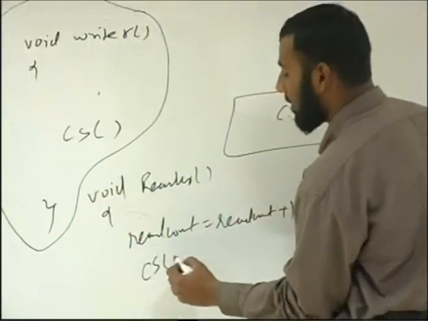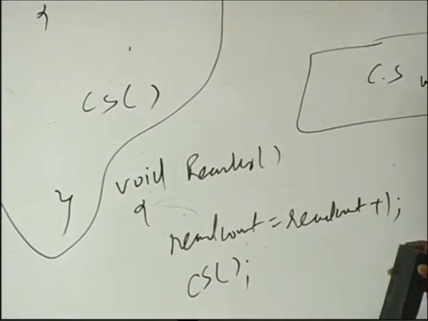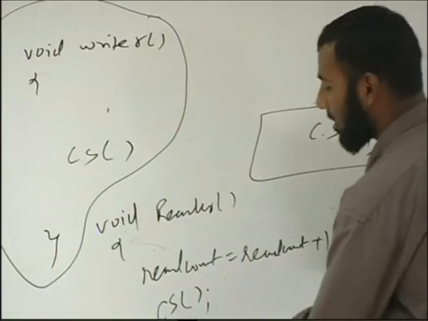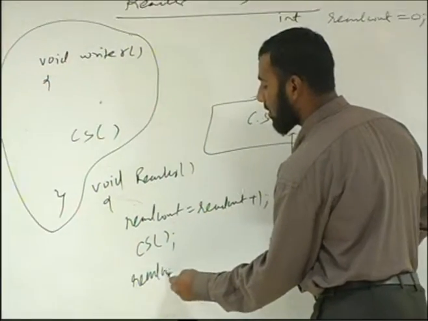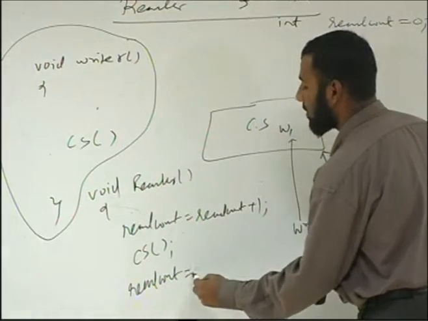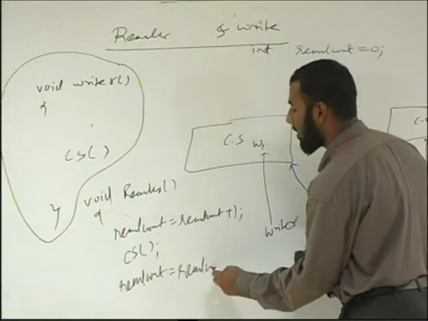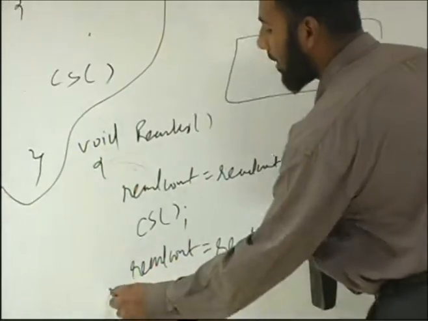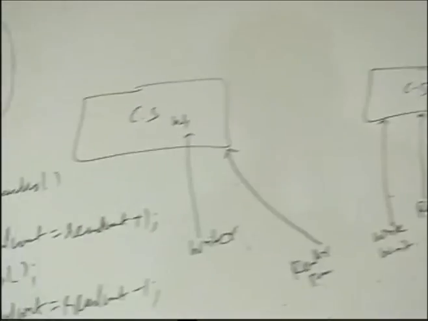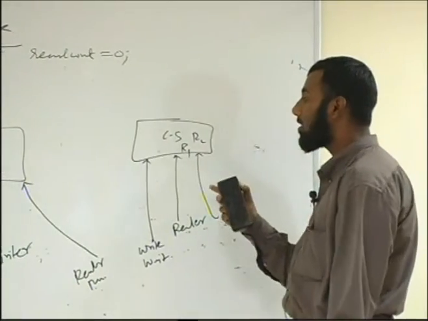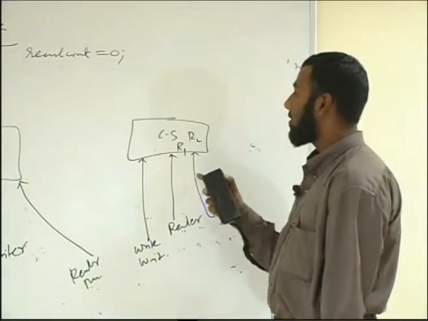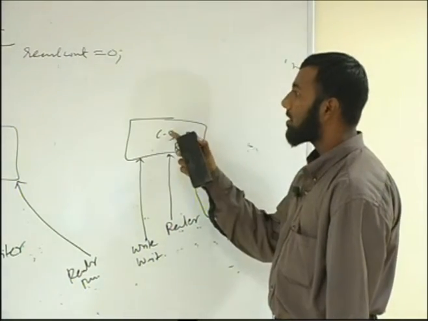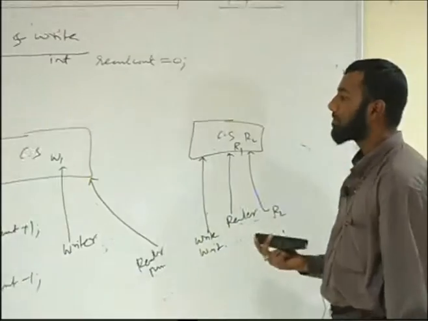Okay. After doing this read count plus 1, it will enter into the critical section. When it is leaving the critical section, it makes read count equal to read count minus 1. Now read count always maintains the number of processes which are reading, which are in the critical section. Okay. The number of reader processes in the critical section will be given by read count. Okay.